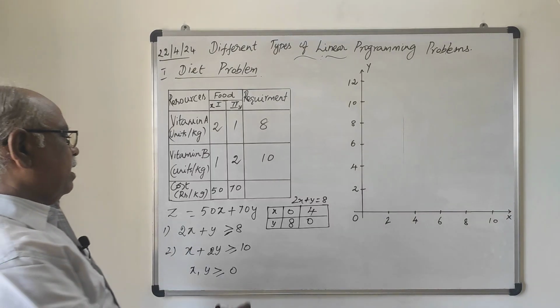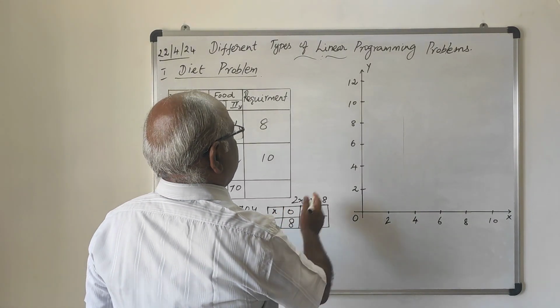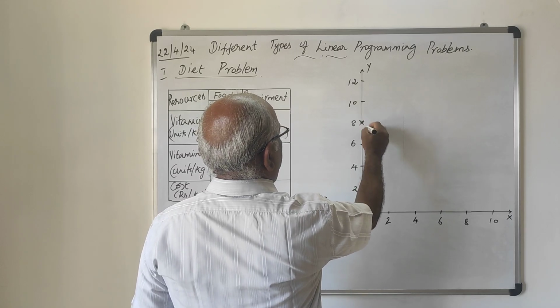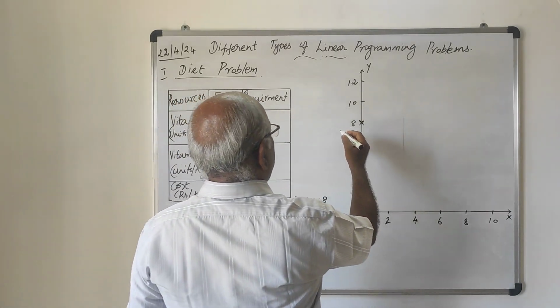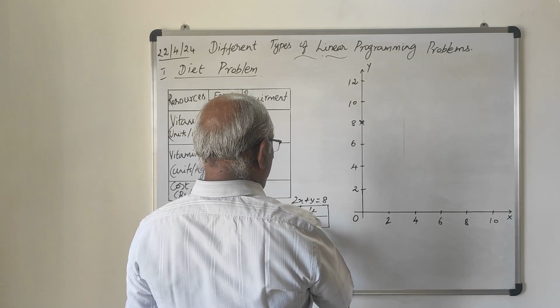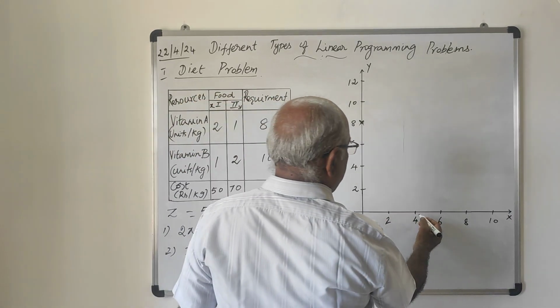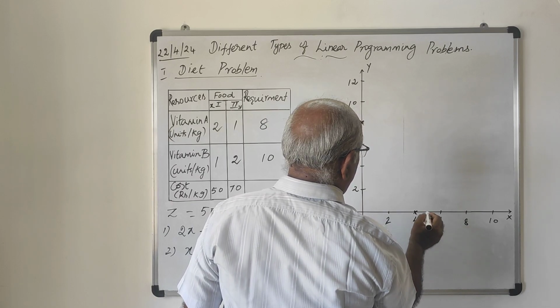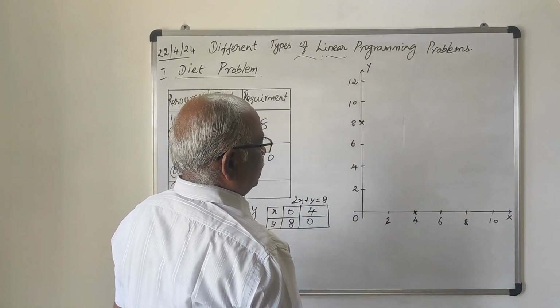You can plot the graph. X is 0, y is 8. This is the point (0, 8). And the second point, x is 4, y is 0. This is (4, 0).